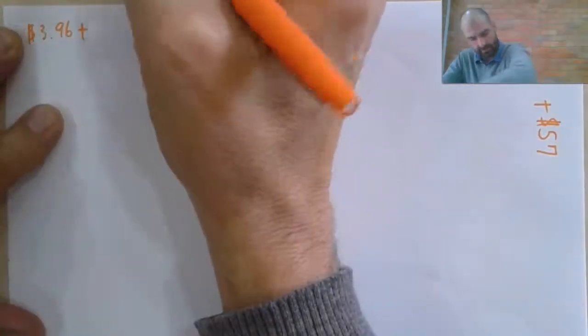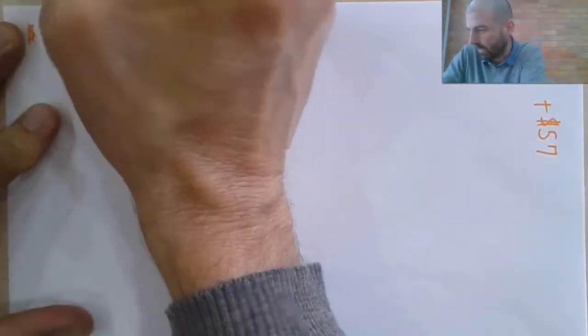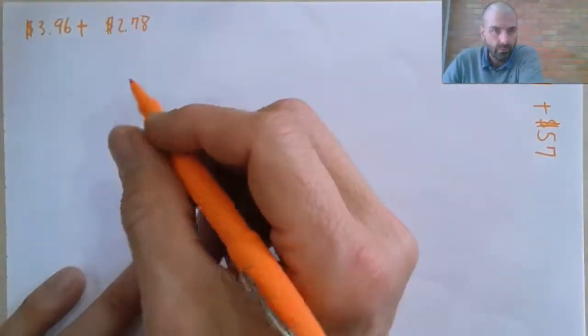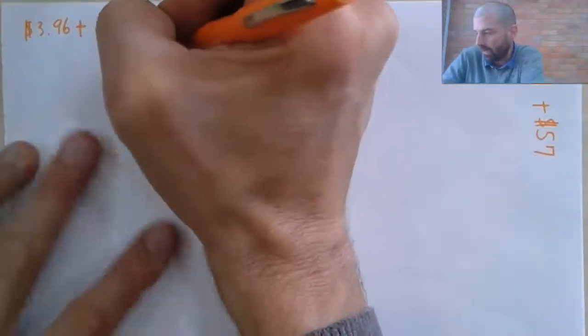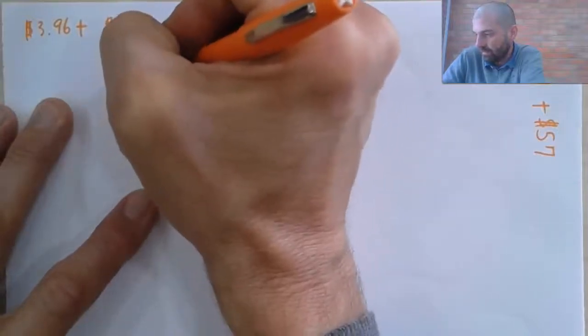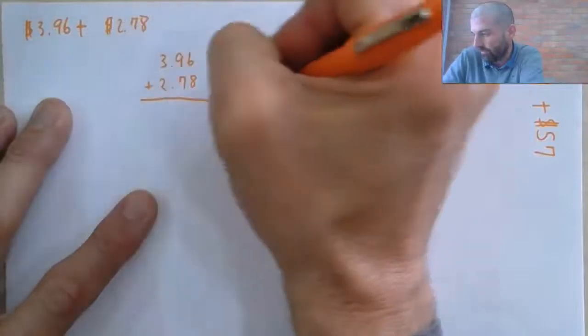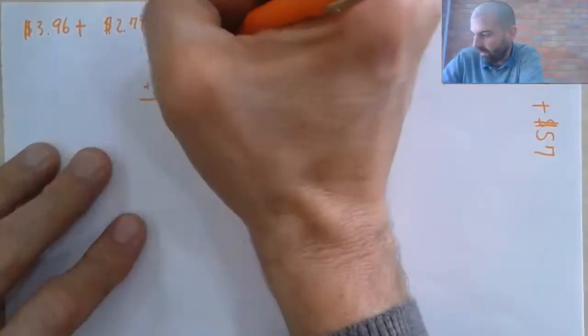$3.96 plus $2.78. So what would you do? 3, 2, 1, 0. All right, here we go. So if I have $3.96, and I'm adding that to $2.78, I should see that it's only going to take me 4 cents to get to $4.